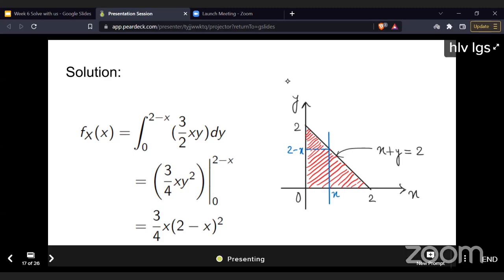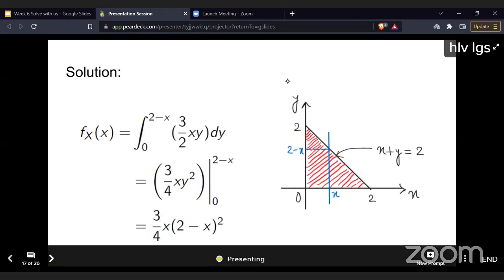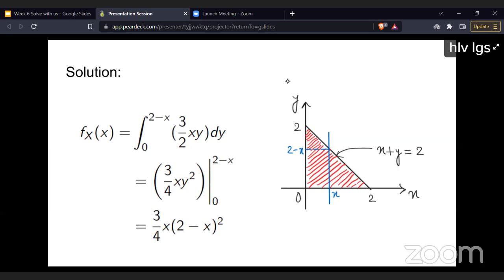Ma'am, may I ask a doubt? Yeah, please. If X is discrete, then the marginal density of X over a certain range.